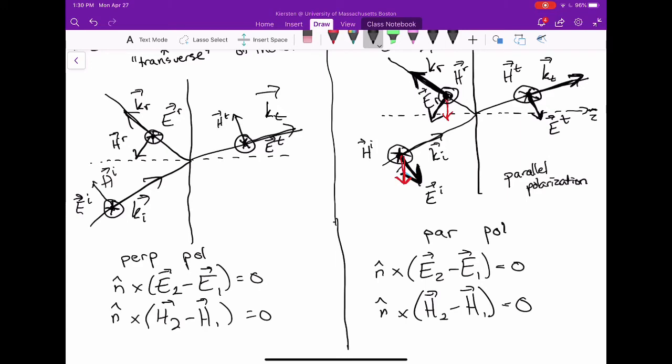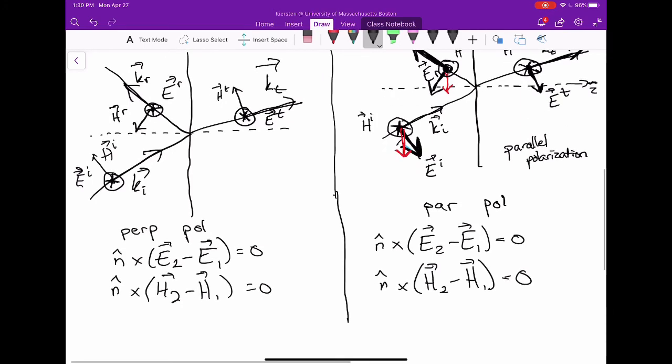All boundary conditions are true at all boundaries, but some of them are relevant and some of them are not. In the perpendicular polarization case, there is no normal component of the electric field. So n hat dot E equals 0, so we don't care.